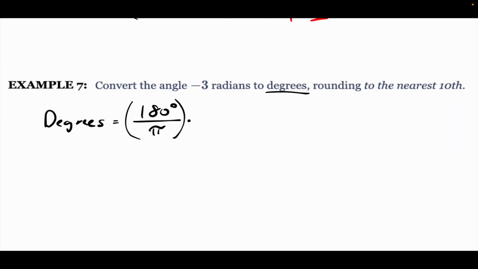That's okay. Doesn't have a pi. It's okay. You just put -3, and then we're going to put over 1, right? Because -3 isn't a fraction. Okay. Multiply straight across. I get 180 degrees times -3. And on the bottom, I just get 1 times pi, which is just pi.